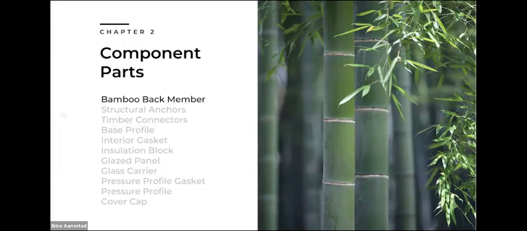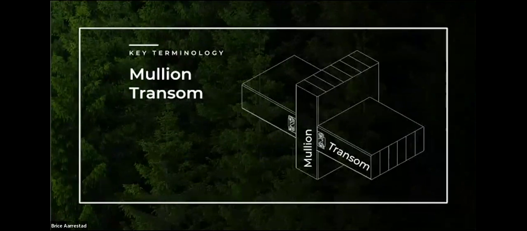The next key component is the structural anchors. Oh, before I go into that, one more key piece of terminology is mullion and transom. So the mullion is the vertical member, and the transom is the horizontal member, or if there's an angle, it's the angled member.